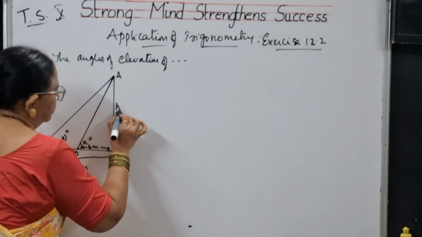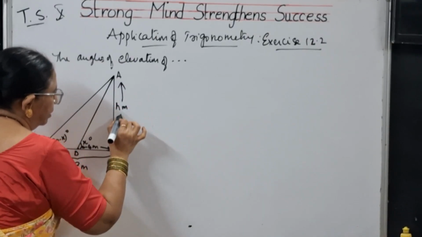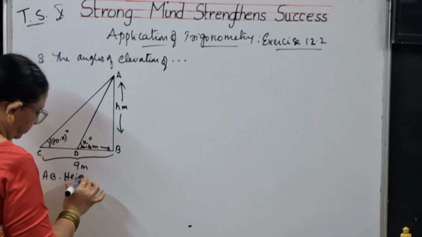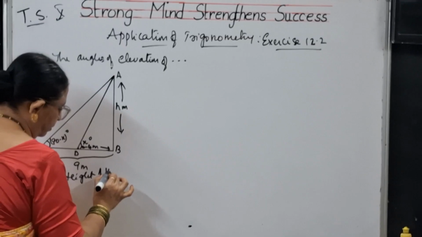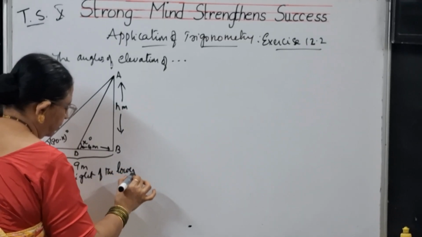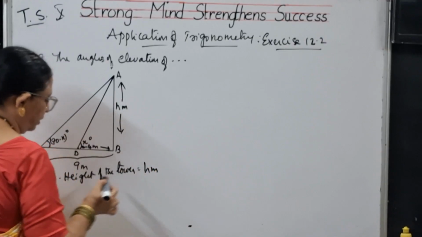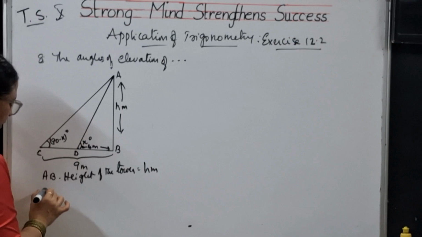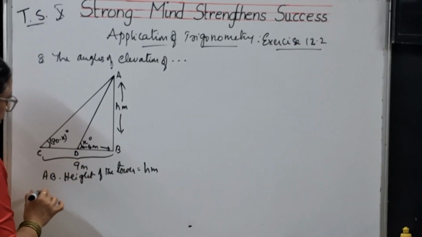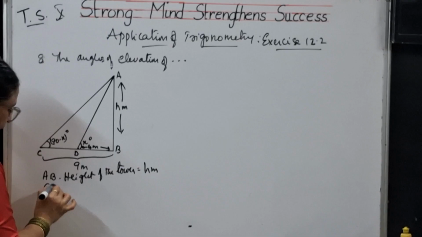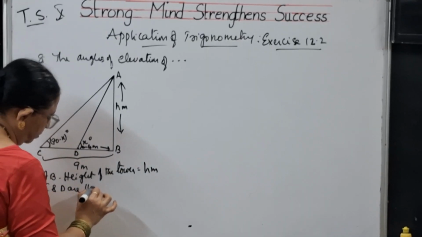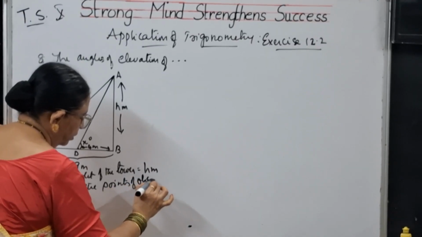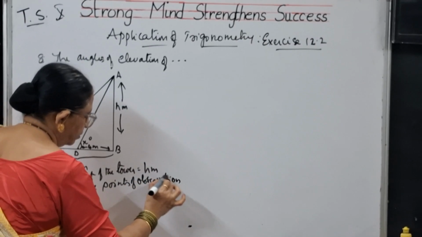Now the question is, what is the height? Let us consider the height as h meters. So AB, the height of the tower, is equal to h meters, and C and D are the points of observation.